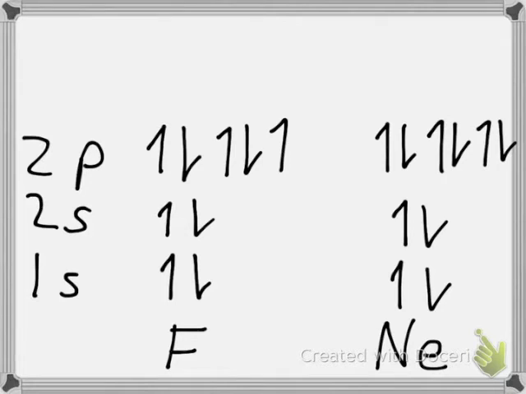In the case of fluorine, it will actually want to gain one electron. So here the only difference between fluorine, which is a halogen, and neon, which is a noble gas, is one electron.